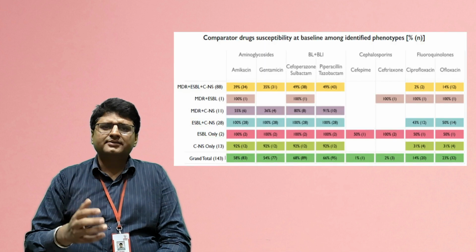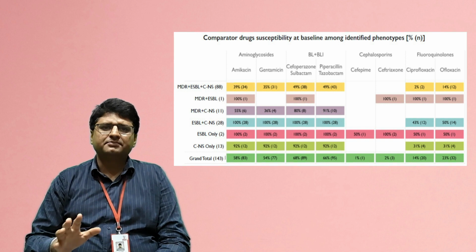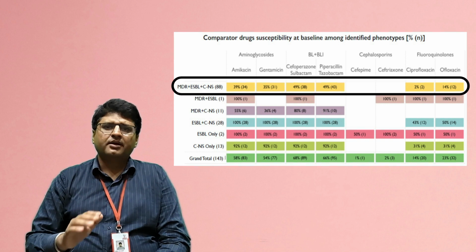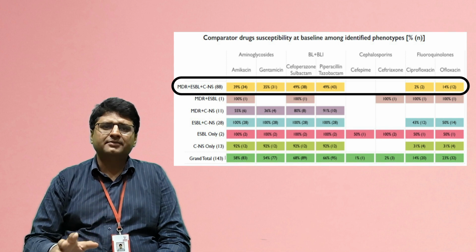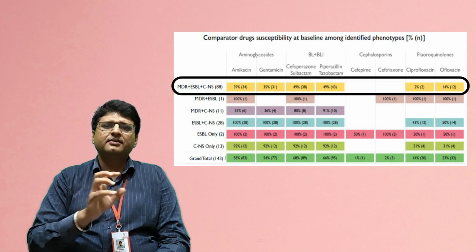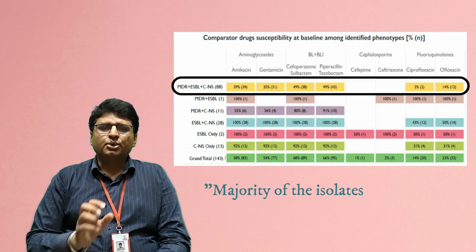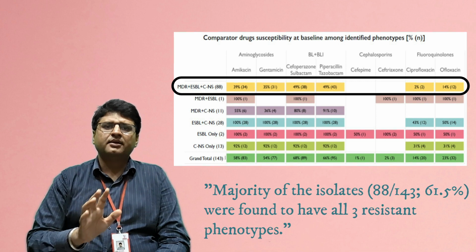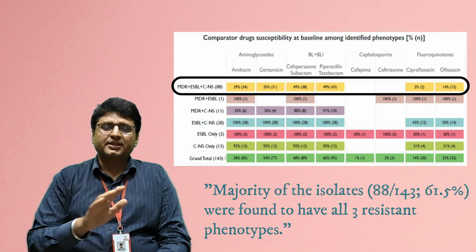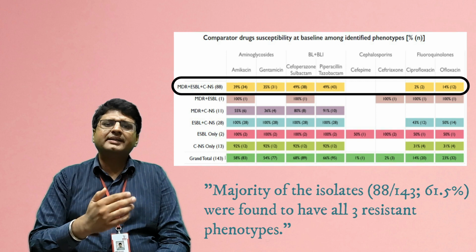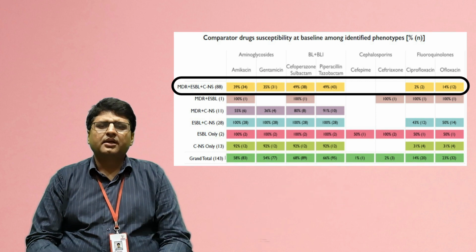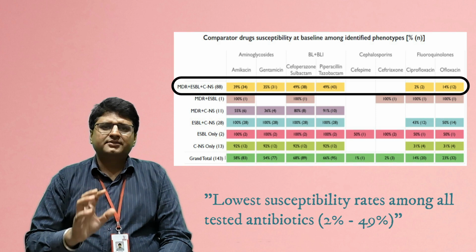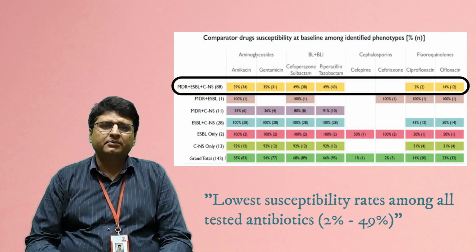If we talk about the comparator drugs susceptibility at baseline among different phenotypes, the majority of the isolates were found to have all three resistant phenotypes, that is MDR, ESBL plus ceftriaxone non-susceptible. 88 pathogens out of 143, around 61.5% of the isolates, were resistant to all three subgroups and were categorized by the lowest susceptibility rates among these tested antibiotics, that is 2% to 49% only.